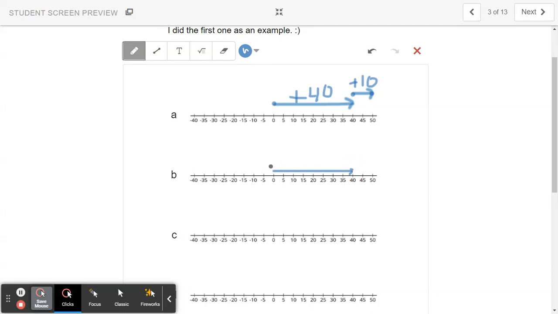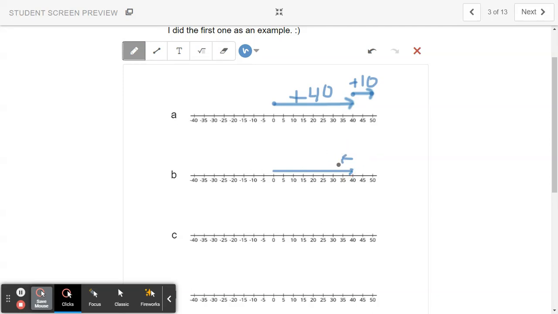So we started at 0, go to 40. And then it told us that from 40, it actually got 5 degrees colder. So I know from 40, I need to go back this way 5 degrees, right? Because that's showing colder. So from 40, I just go back to 35 because that's 5 degrees. And I'm going to add my arrow showing the direction.